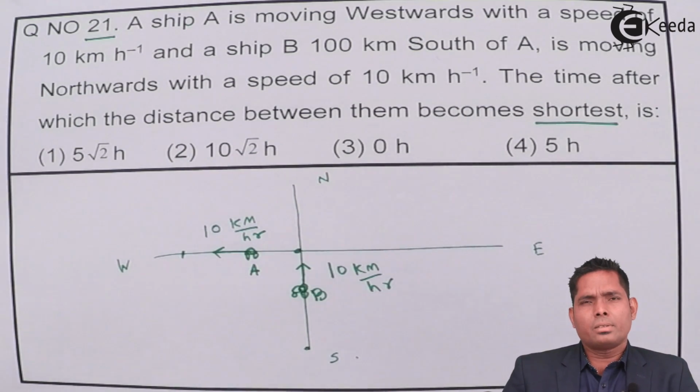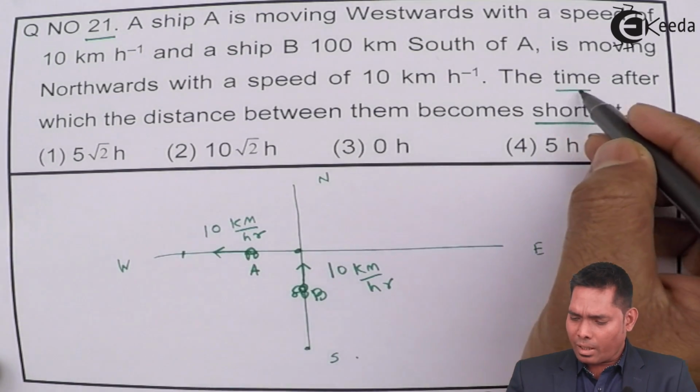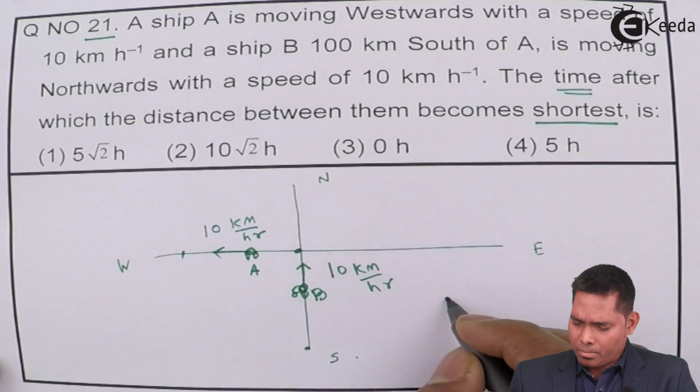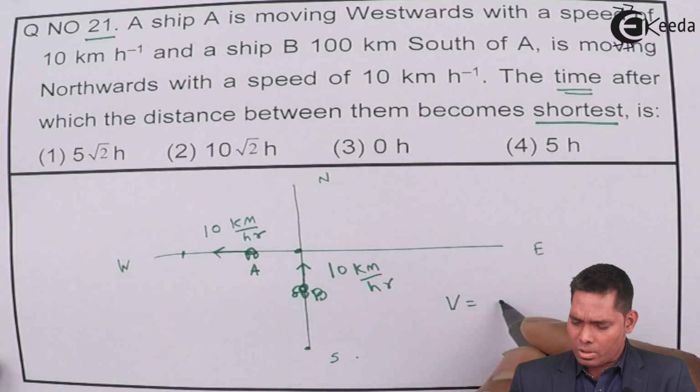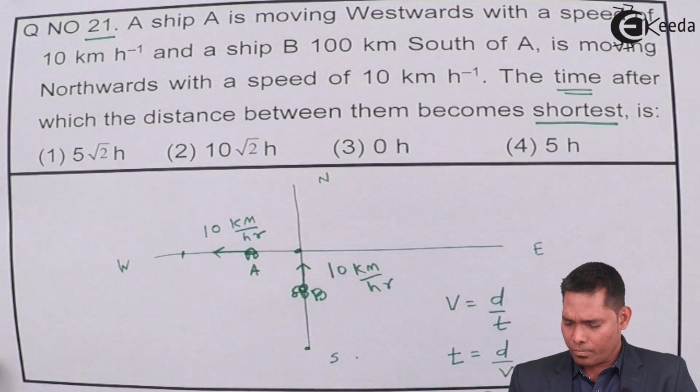Both have the same speed, 10 km per hour, and the time is asked. We know that speed is distance divided by time, so time is distance over speed.